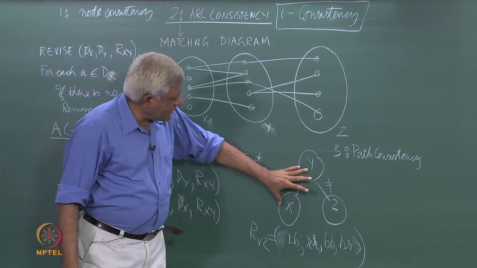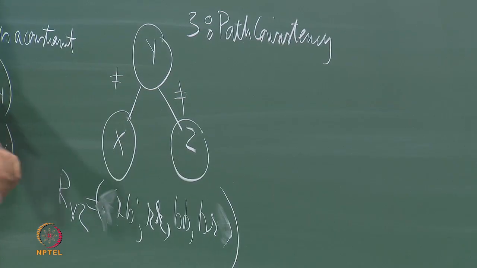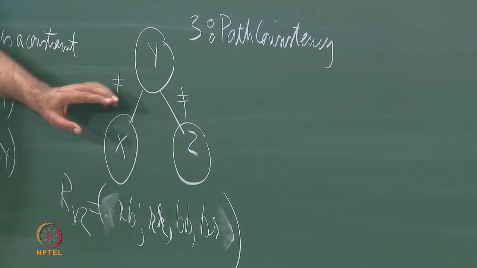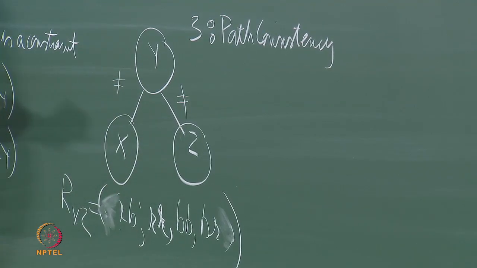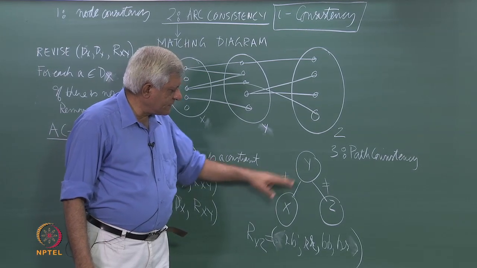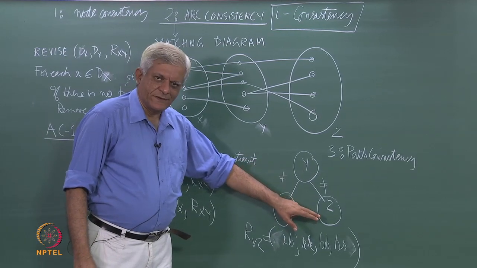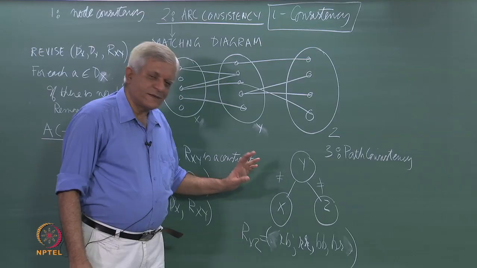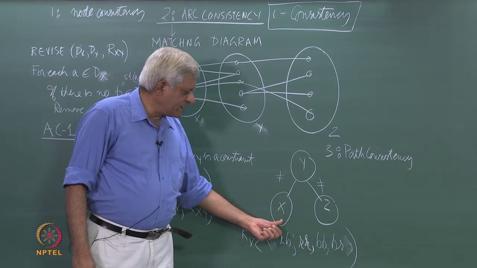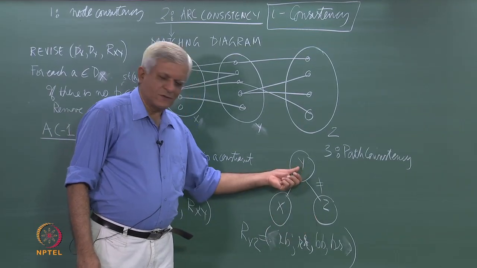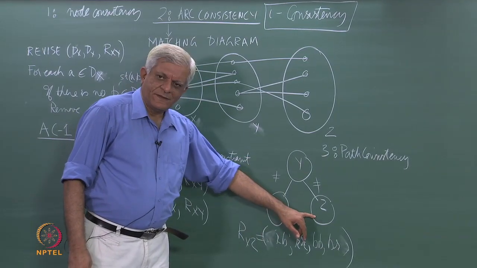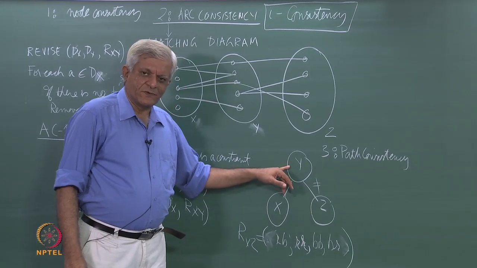So, if I choose red for this and blue for this, I can extend it to blue for this. If I choose blue for this and red for this, I can choose blue for that. But if I choose red for this and red for this, then I can extend this to blue for this variable y. But if I were to choose red for x and blue for z, then I cannot extend it to y.